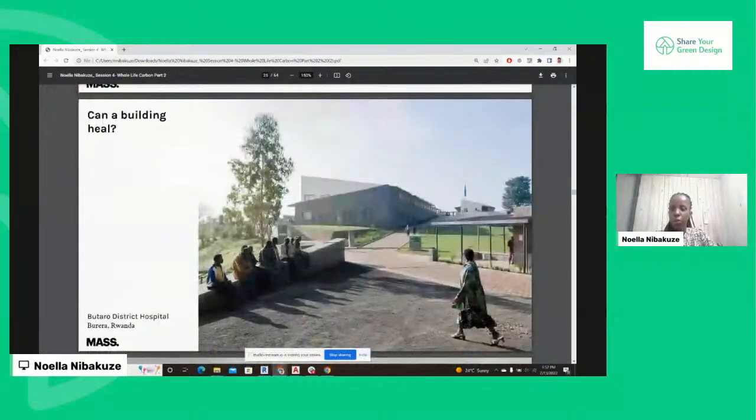So looking back, this is the first building Massive and Group did, and it was in Rwanda, in the north of the country, a hospital where 10 years ago we were not intentionally building to reduce embodied carbon. However, we did ask ourselves questions related to the communities that we work with. So the Butaro Hospital, when we asked ourselves, can a building heal?